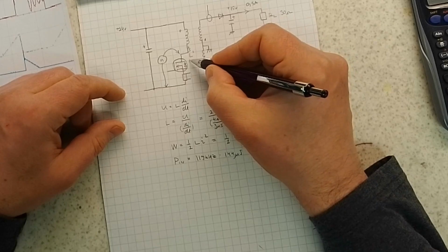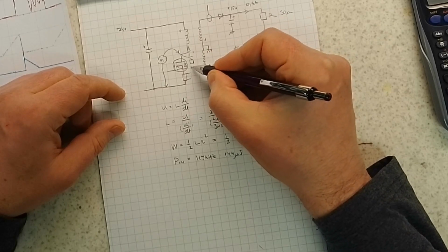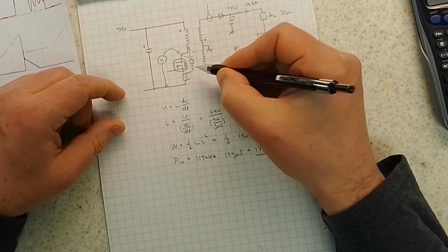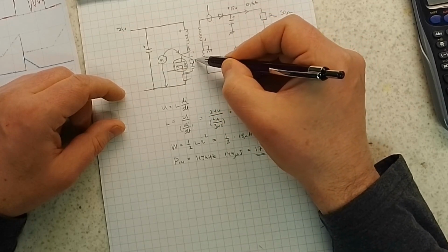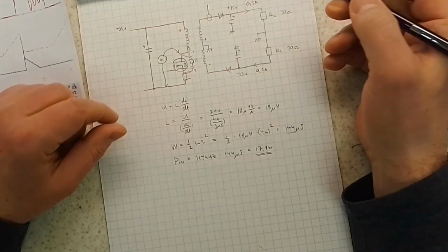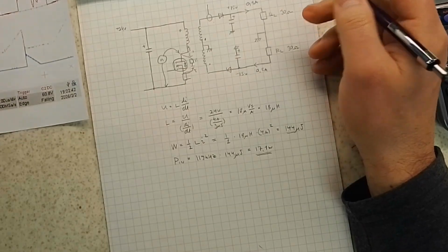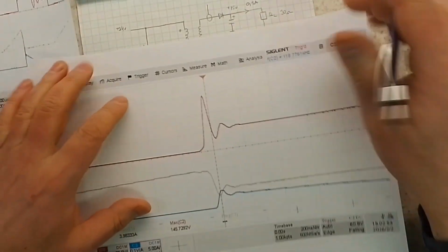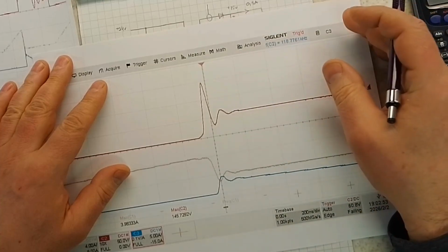So in this case we have here an RC snubber, like this one, and this energy goes to these capacitors through this resistor. And that's why we can see this kind of waveform.